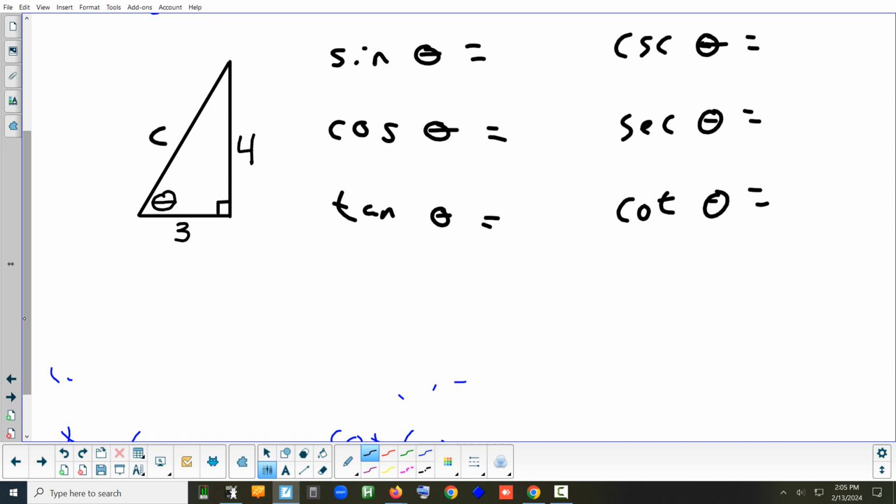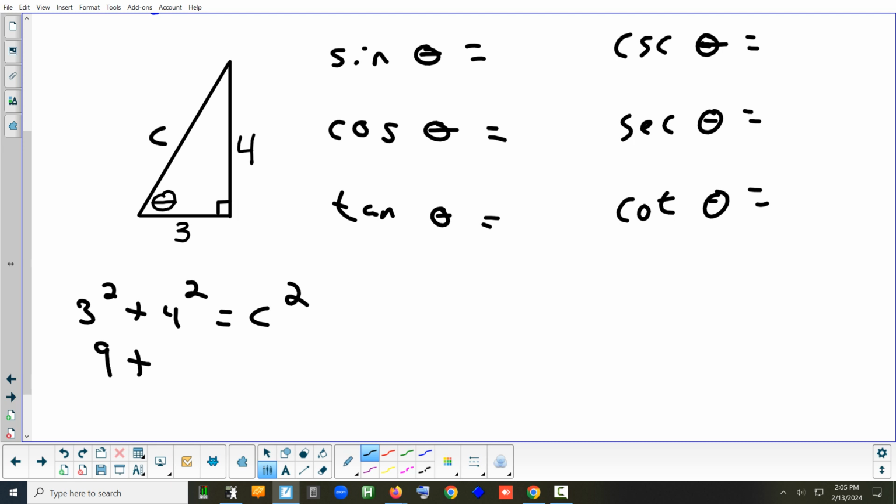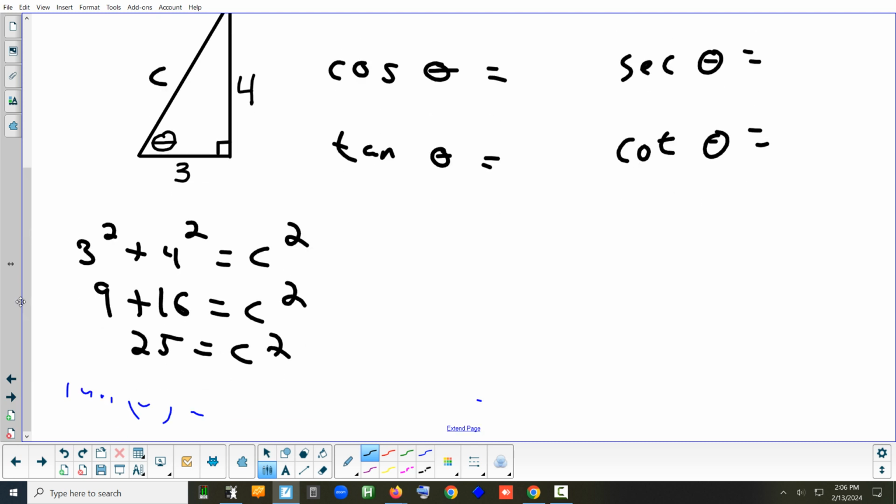All right. And if you fill in the numbers that I have, 3 squared plus 4 squared equals c squared. 3 squared is 9, and 4 squared is 16, and that gives you 25. Then what do you have to do on both sides?